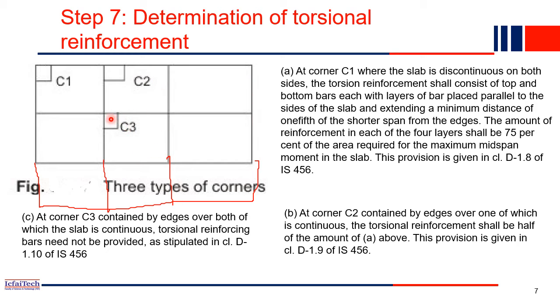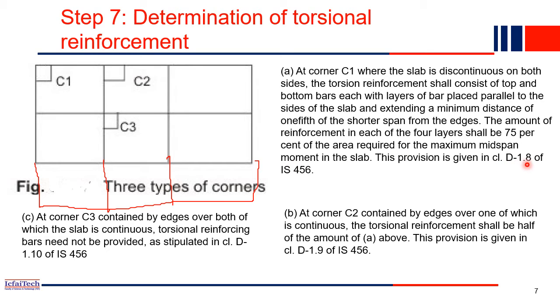The middle panel won't lift up anyway, so there is no need to provide any corner reinforcement in the four corners of a middle panel, whereas all the edge panels need torsional reinforcement. How much we have to provide is given in IS 456, clause number D-1.8.